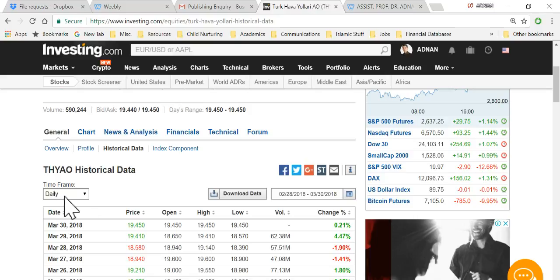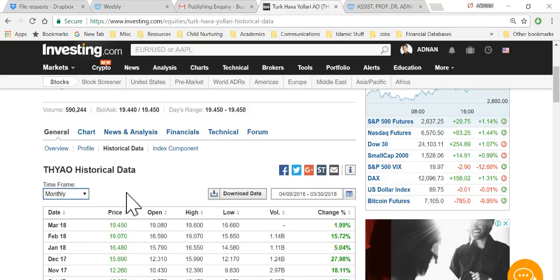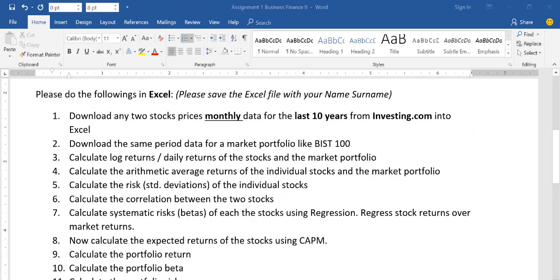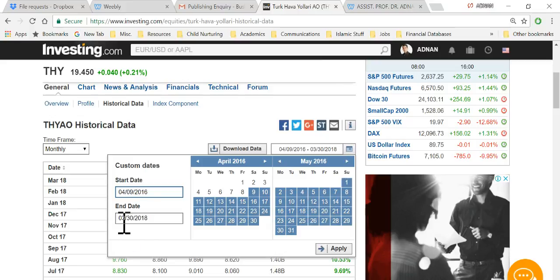and from here, from the time frame, you will select monthly data. Then from here you will select the period, right? We need to mention the start date. We have said that we will download the data for the last 10 years. So let's do it. Now this is 30th of March 2018.